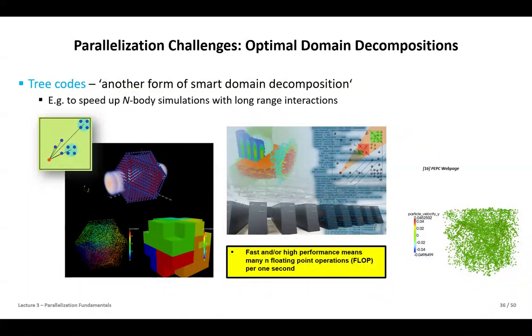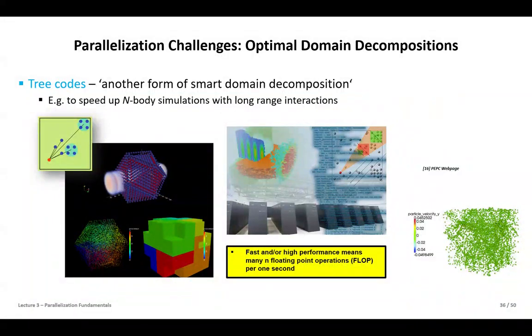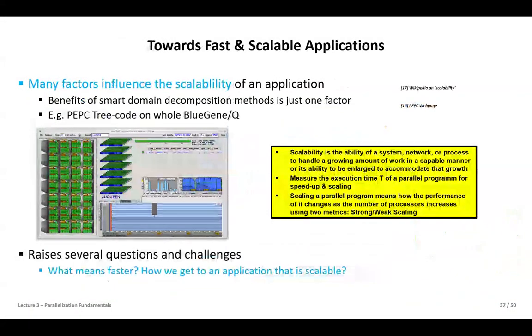So here we have different physics steering the idea of how we do the domain decomposition more effectively. And this is the PEPC tree code, which with this tree approach can also scale quite highly, which probably would not be the case if we didn't have the tree code. Hence, this is an influential factor in the so-called scalability.